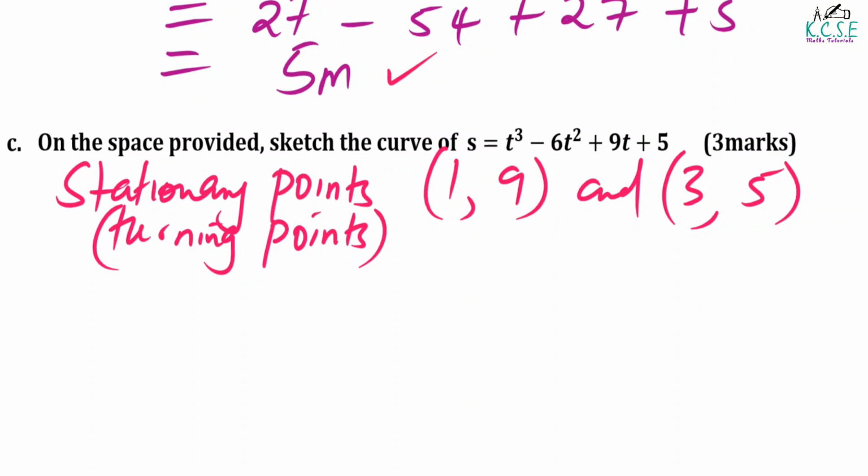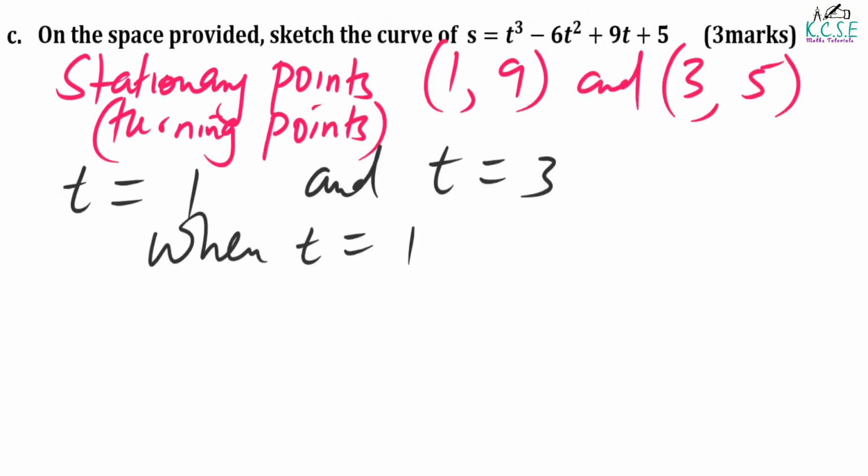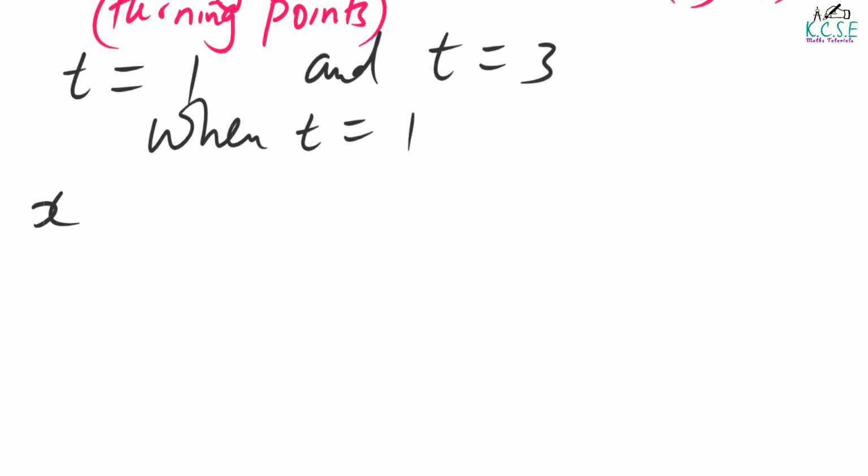And to sketch we will need to use the values of t at the stationary, or turning, points. So at the turning points, t was 1 and t is 3. So when t is equal to 1, we prepare this small table with t and the differential function, which is ds over dt.